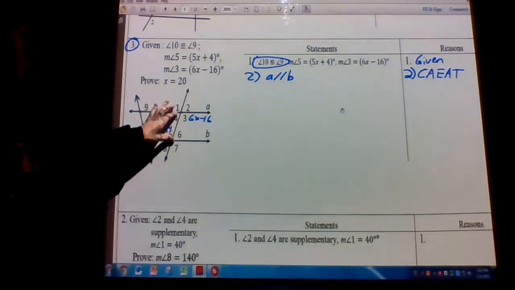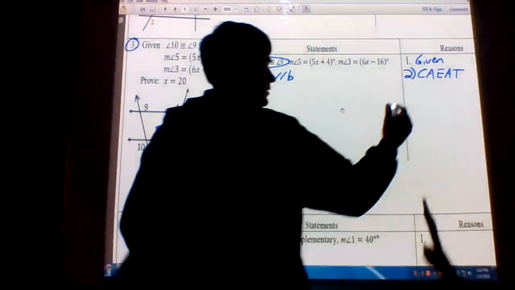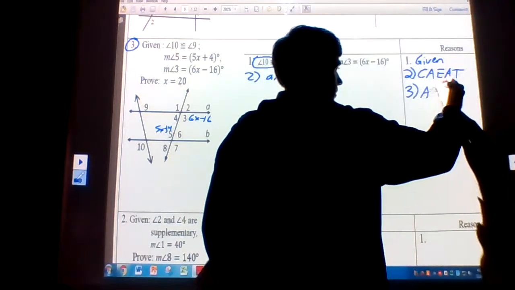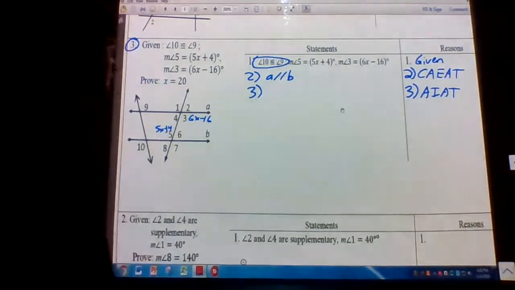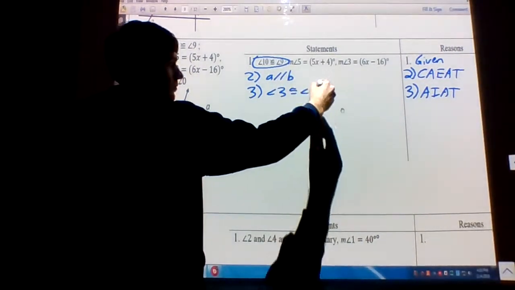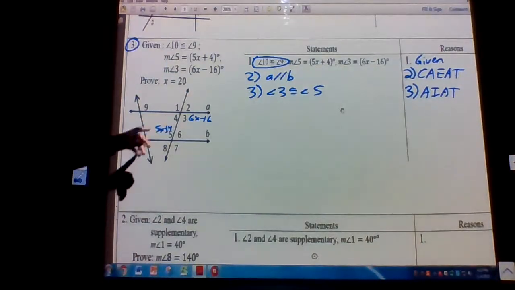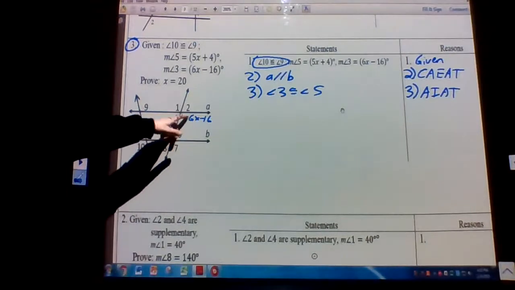Okay, once we know lines A and B are parallel, we know that our alternate interior angles are congruent. So we can use the alternate interior angle theorem here to tell us that angle 3 is congruent to angle 5, right?